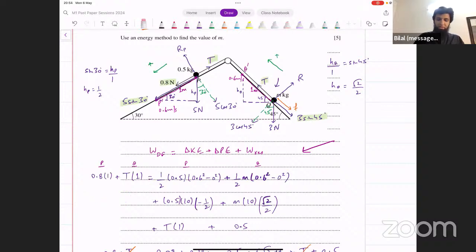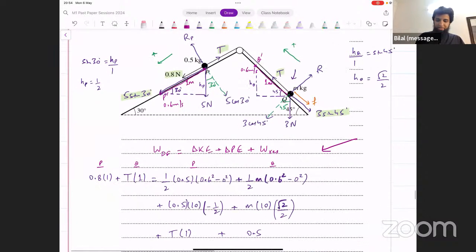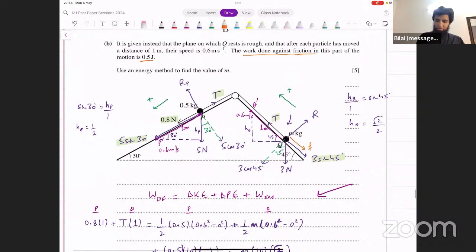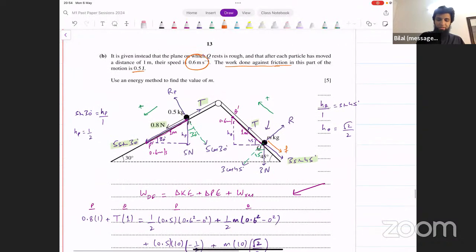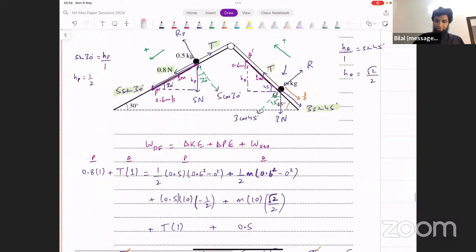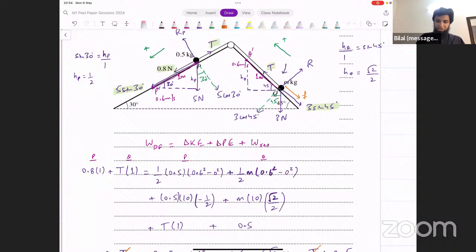And then change in kinetic energy. We are given that their speed is 0.6, the final speed. So we're using that here as the final speed for both of them. Initial speed for both of them was 0 because they're connected. And then their masses. So change in kinetic energy is pretty straightforward. What about the change in potential energy? Now that is the complicated part here.